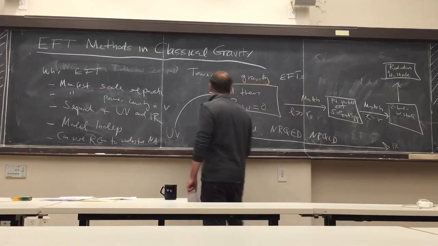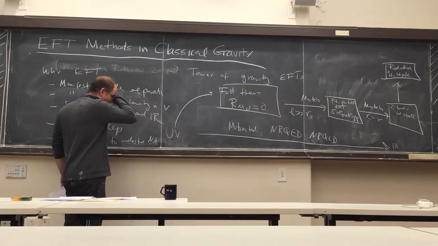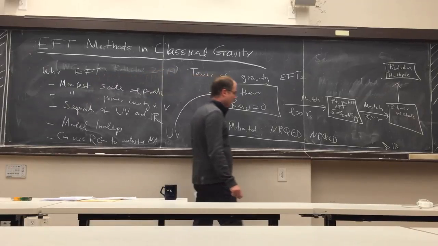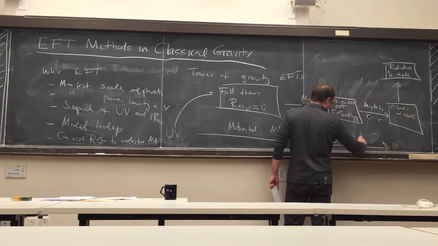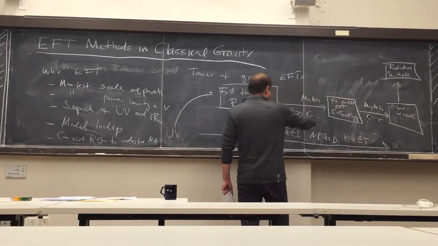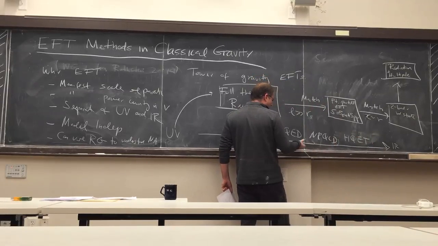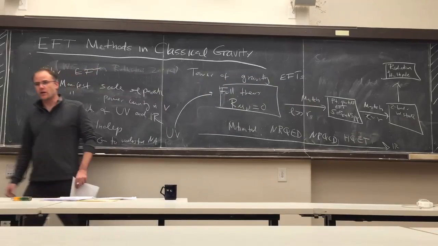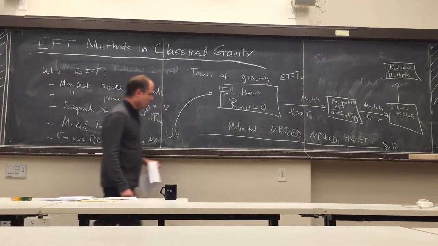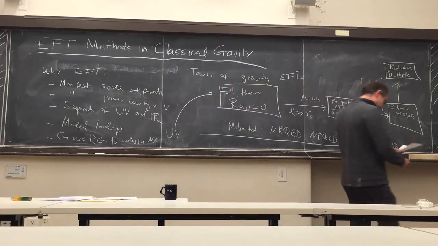The effective field theories I'm going to write down have certain features in common with those. But it's really more of a hybrid: the actual effective field theory for this classical problem is a hybrid between NRQCD and heavy quark effective theory. That's for people who've been following those things.